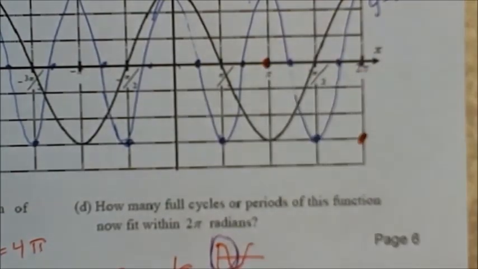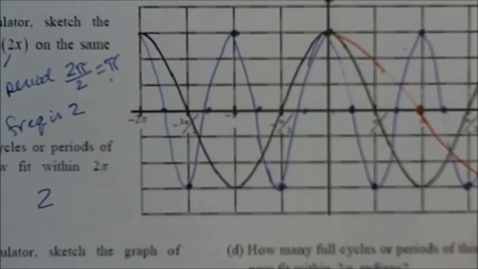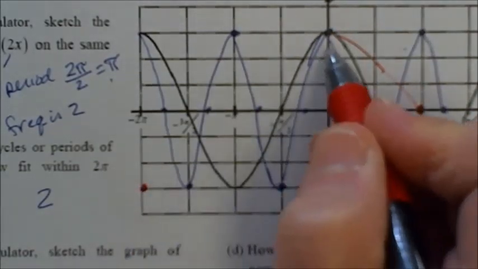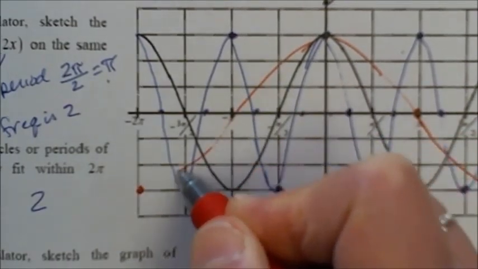And then halfway between those two values, we'll hit the x-axis. And there we have half our cosine curve from 0 to 2 pi. And it's symmetric with the y-axis. And here's our other half.